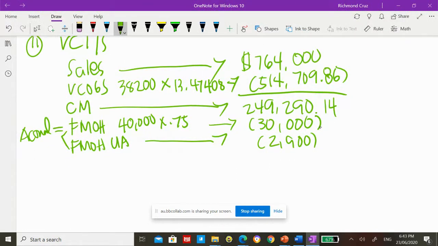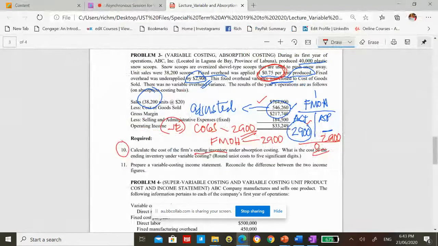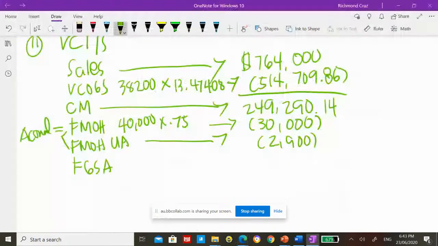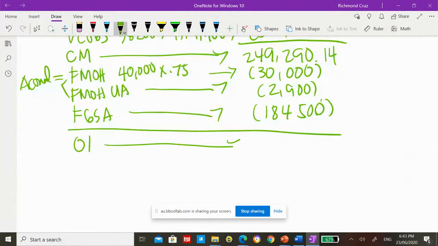Tama. Pagkatapos, meron akong fixed general and selling administrative expenses which is 184,500. Ayan. So ito na yung operating income under ng variable costing, or yan na rin yung net income under variable costing.